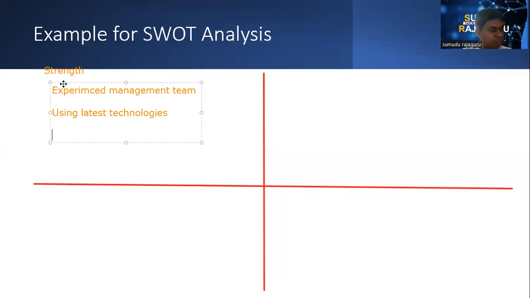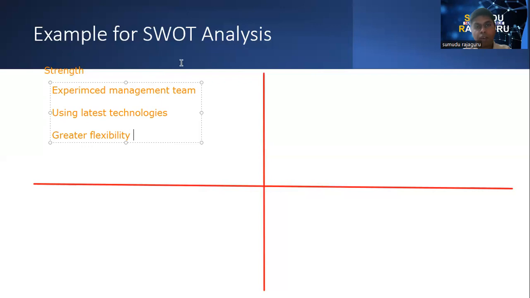Another example, our organization is using the latest technologies. So that is also a strength of the organization. Another example, our organization shows greater flexibility. That means when considering the product, the organization is capable of making any type of product within the range of products. So that is a strength. So these are the examples. Then you can get a simple idea about SWOT analysis. That is why I'm discussing this kind of example.